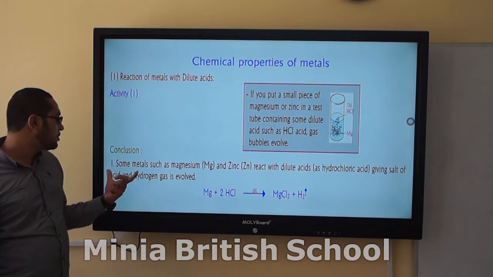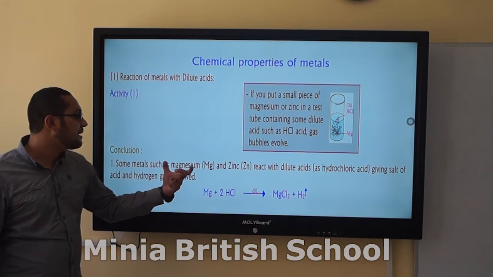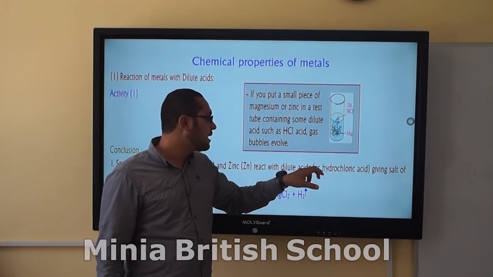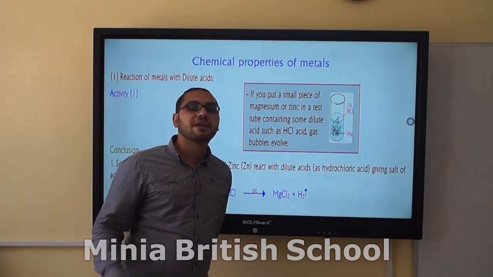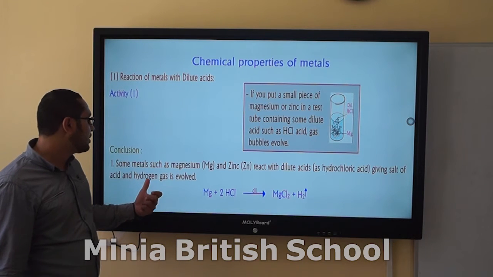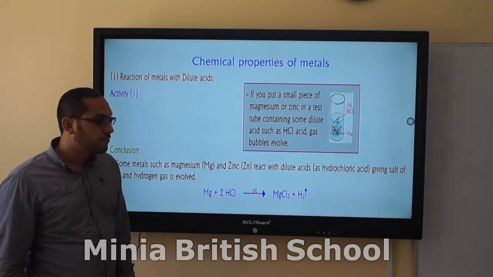We conclude that some metals such as magnesium and zinc react with dilute acids such as hydrochloric acid, giving a salt of the acid, and hydrogen gas is evolved.